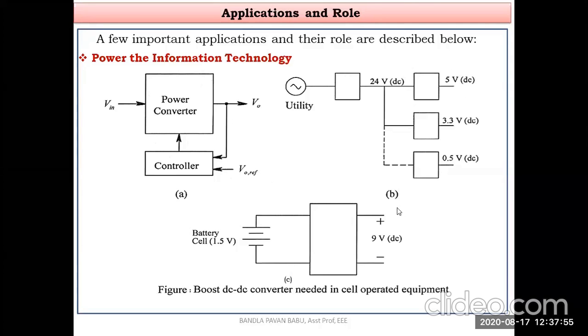Suppose I am using a basic phone, not a smartphone, then the operating voltage will be around 3.3 volts. Or suppose I am using a trimmer or some low power device, or a remote car, or any other electronic gadgets.